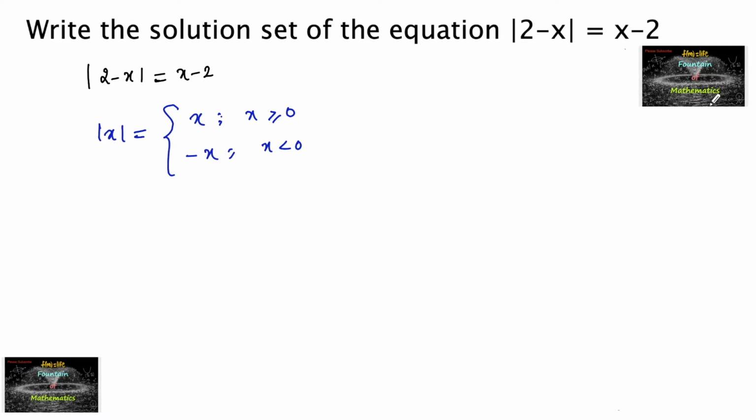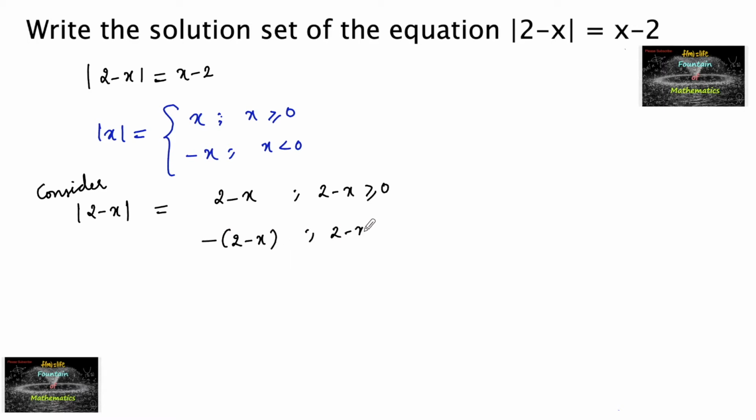Similarly, consider mod of 2 minus x, which is equal to 2 minus x when 2 minus x is greater than or equal to 0, and minus of 2 minus x when 2 minus x is less than 0.